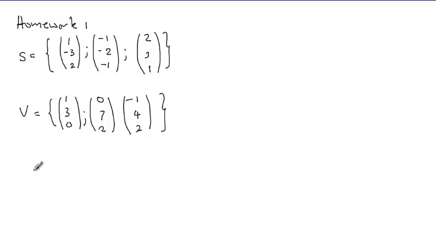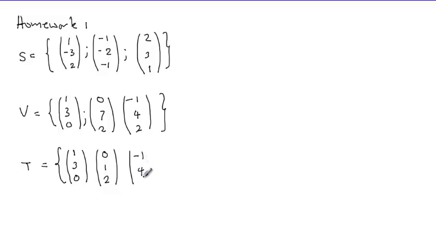And our last set is T. We've got (1, 3, 0), (0, 1, 2), and (minus 1, 4, 2).